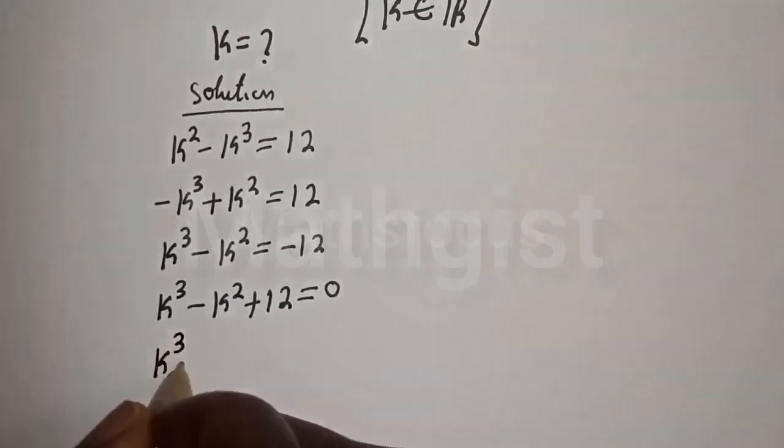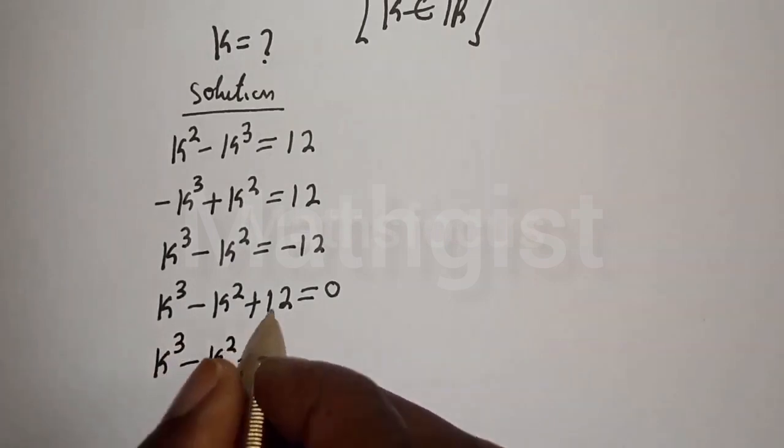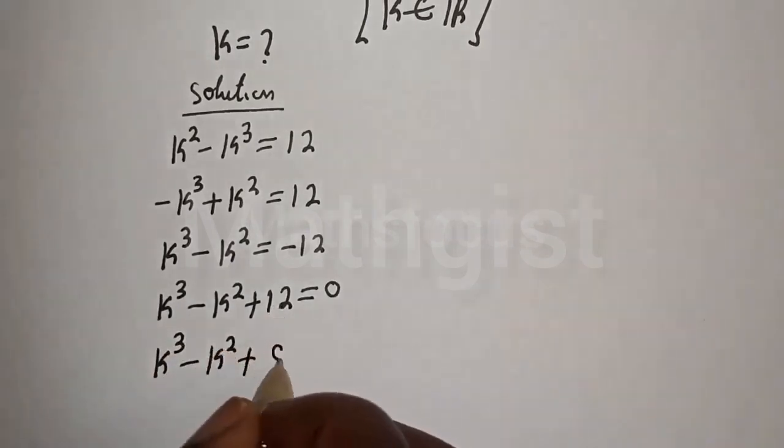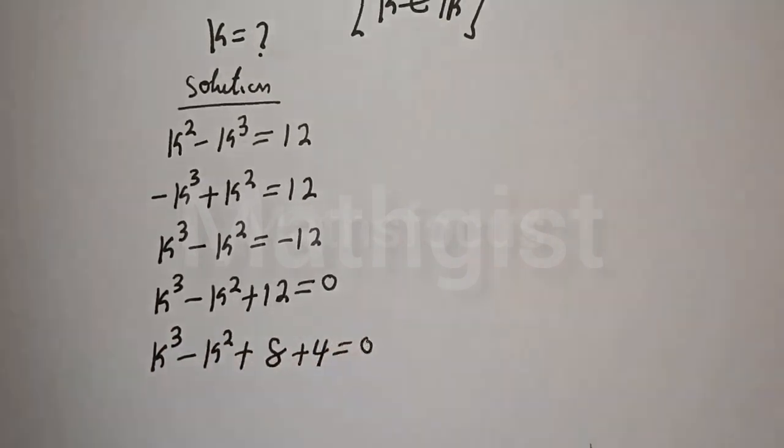k raised to power 3 minus k squared plus 12 can be written as k raised to power 3 minus k squared plus 8 plus 4 is equal to 0.